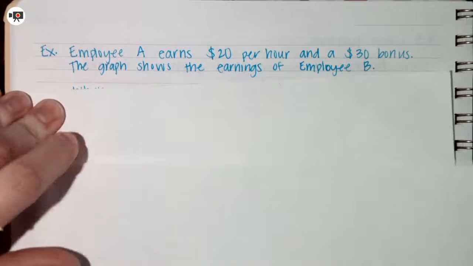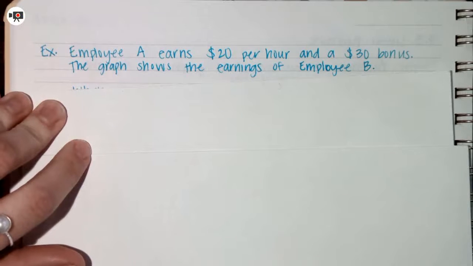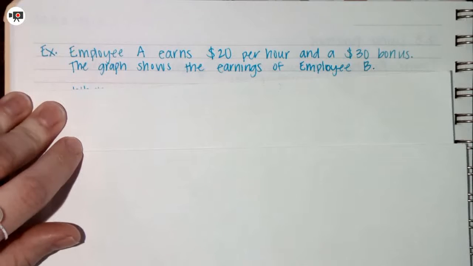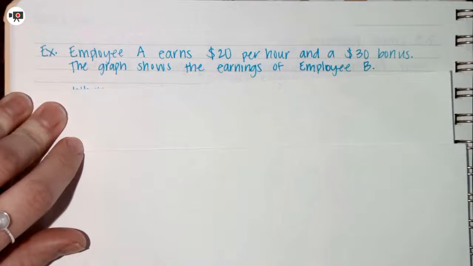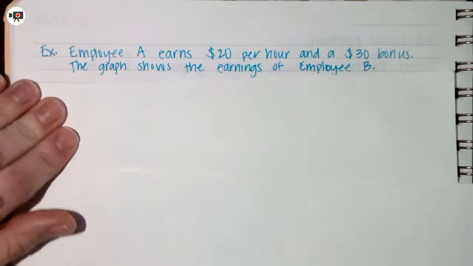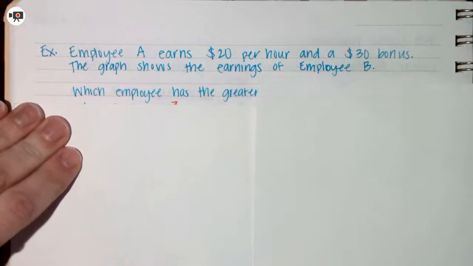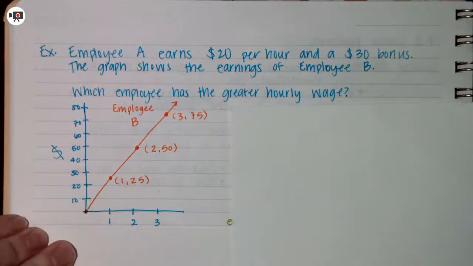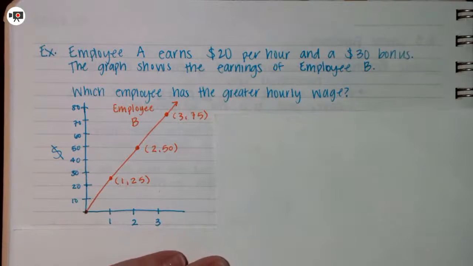So, employee A earns $20 per hour and has a $30 bonus. That is a one-time, you're given $30 on top of whatever you make in your hours. The graph shows the earnings of employee B. Which employee has the greater hourly wage?